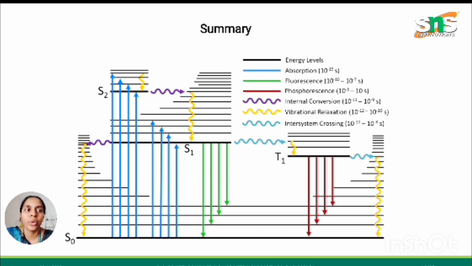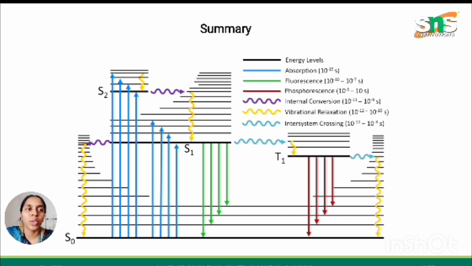where it takes a time duration of 10 to the power of minus 15 seconds, that is femtoseconds. Then after going to S2, the higher energy level of singlet excited state, they move to the lower energy state by emitting some energy.